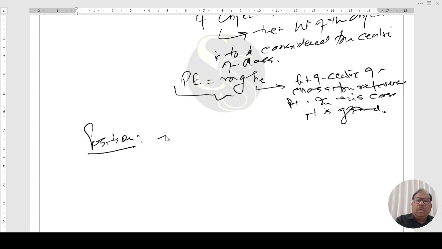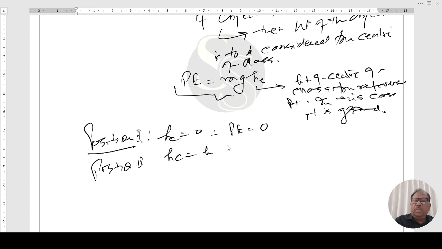Now, position 1. Hc equal to 0. Therefore, potential energy will be equal to 0. Position 2. Hc equal to H. Therefore, potential energy will be equal to mg Hc, that is equal to mgH.